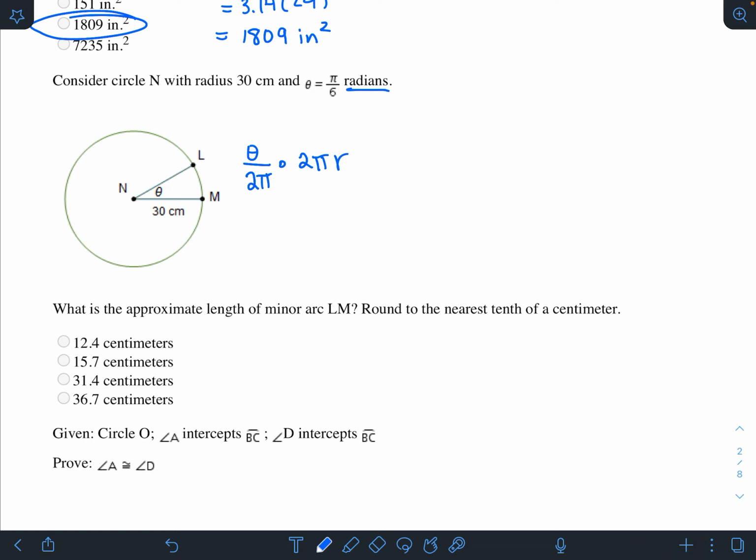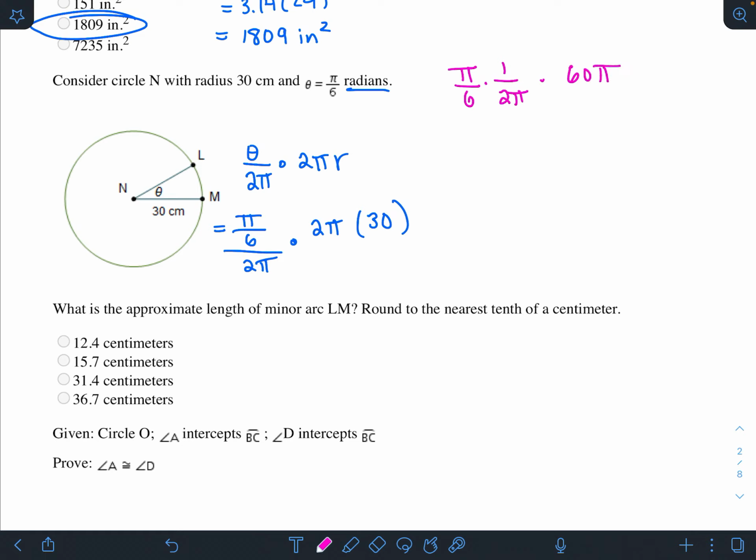So here, I want to plug in pi over 6 divided by 2 pi, and then multiplied by 2 pi, and my radius is 30. Okay, pi over 6 divided by 2 pi, I can rewrite this as pi over 6 times 1 over 2 pi, and then multiplied by 2 pi times 30, which can simplify to 60 pi.